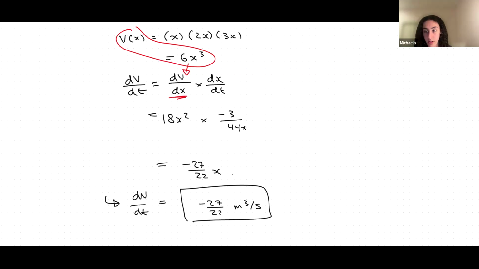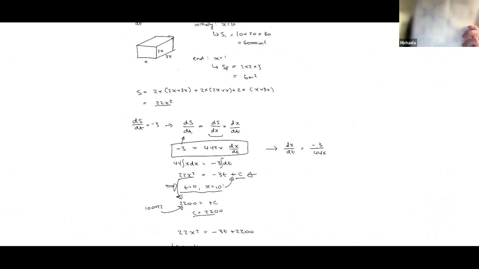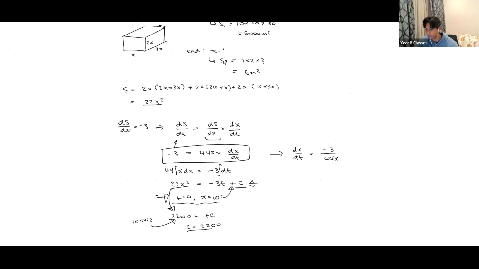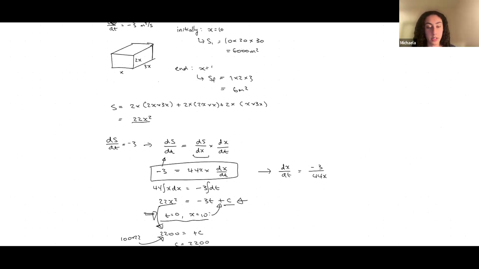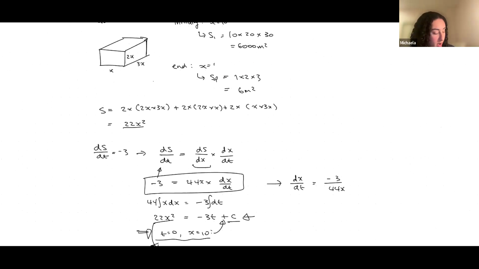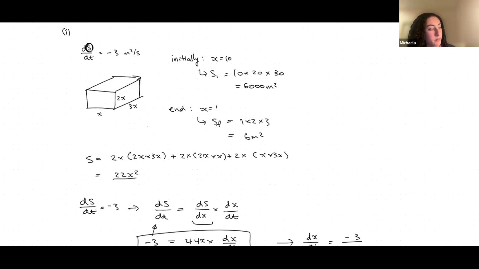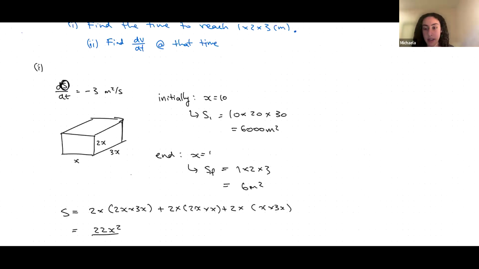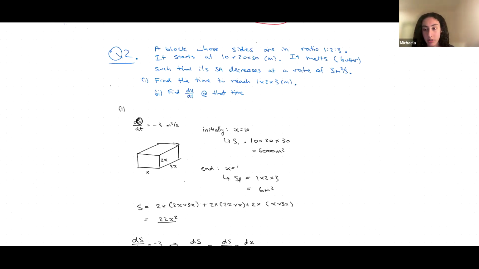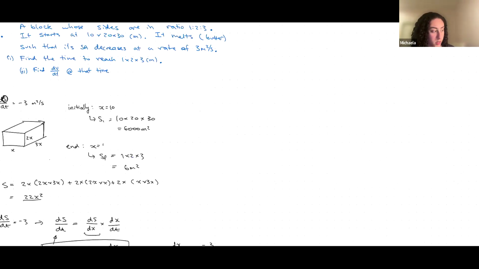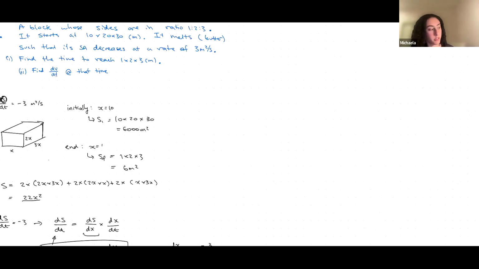I just had a question about the first part. I did it a different way. Is it also valid? I found the initial surface area in terms of numbers, not in terms of x, and the final surface area, and then integrated dA/dt equals -3, and plugged in the limits: when t equals 0, the surface area is 2,200, and when t is unknown, surface area is 22, and I still got the same answer.